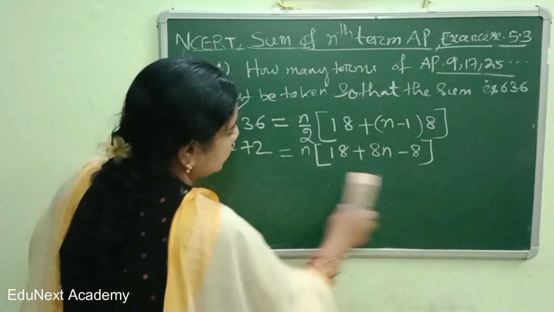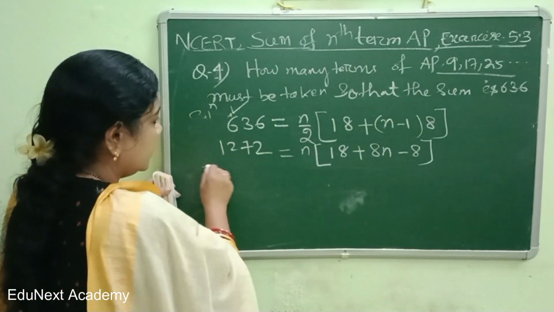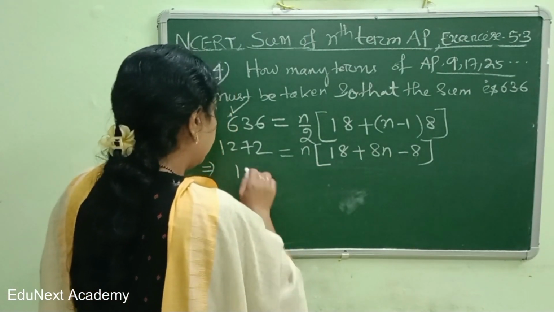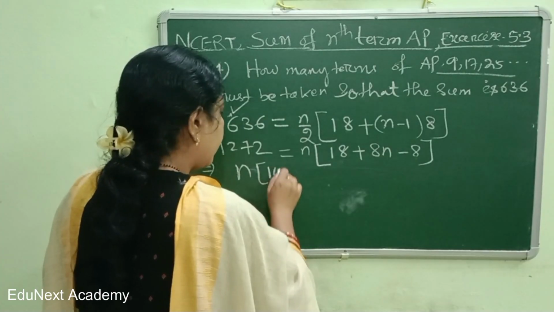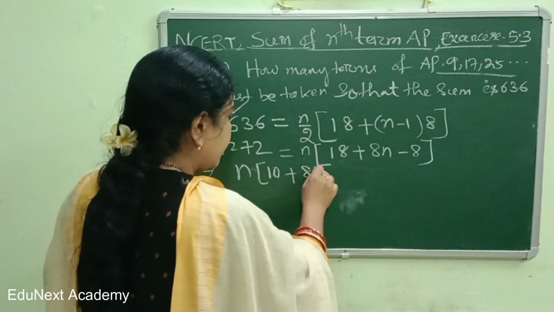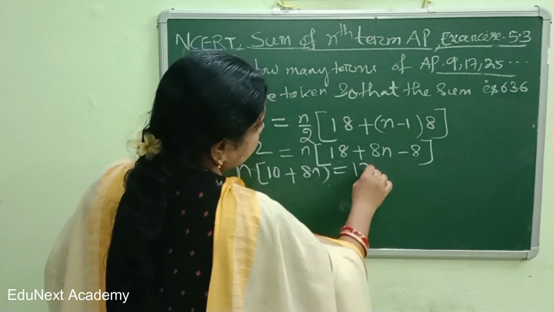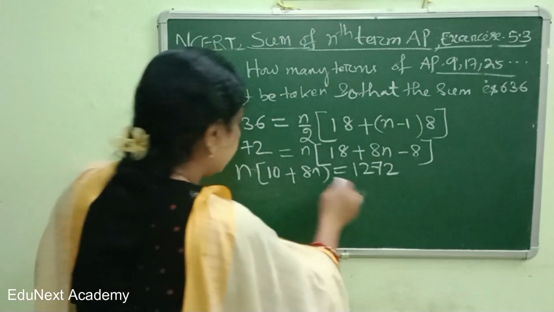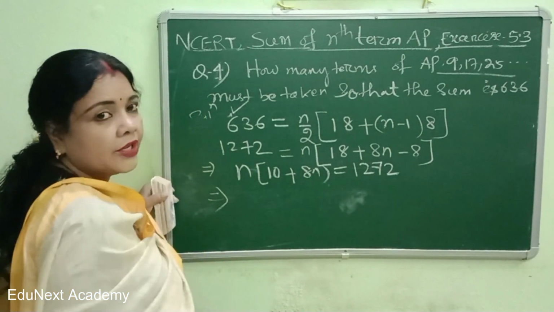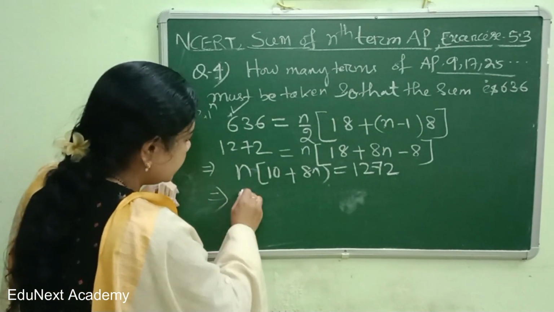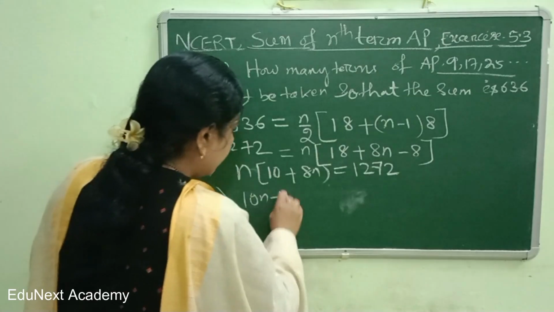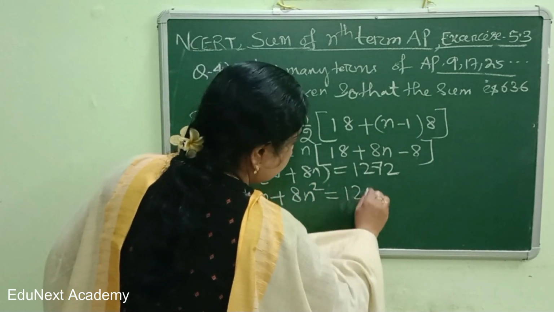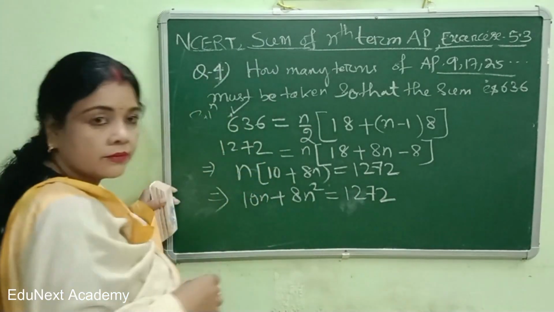Now again solve. 18 minus 8 is 10, so n into 10 plus 8n is equal to 1272. Now we get a quadratic equation here, because this is 10n plus 8n square is equal to 1272.